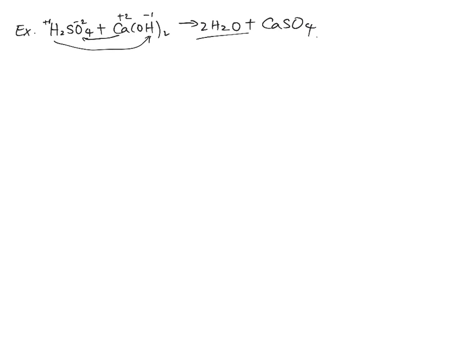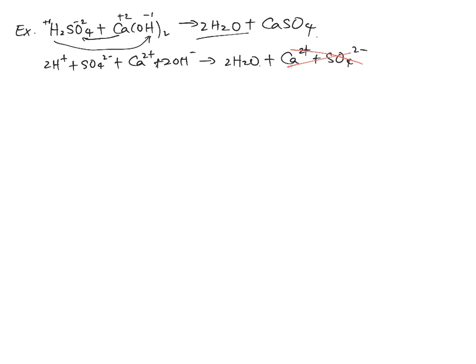So strong acid, 2H plus, SO4, strong base, calcium hydroxide, 2 water, you can't break down water, and then calcium sulfate. If you quickly go, this is going to dissociate, you're wrong.